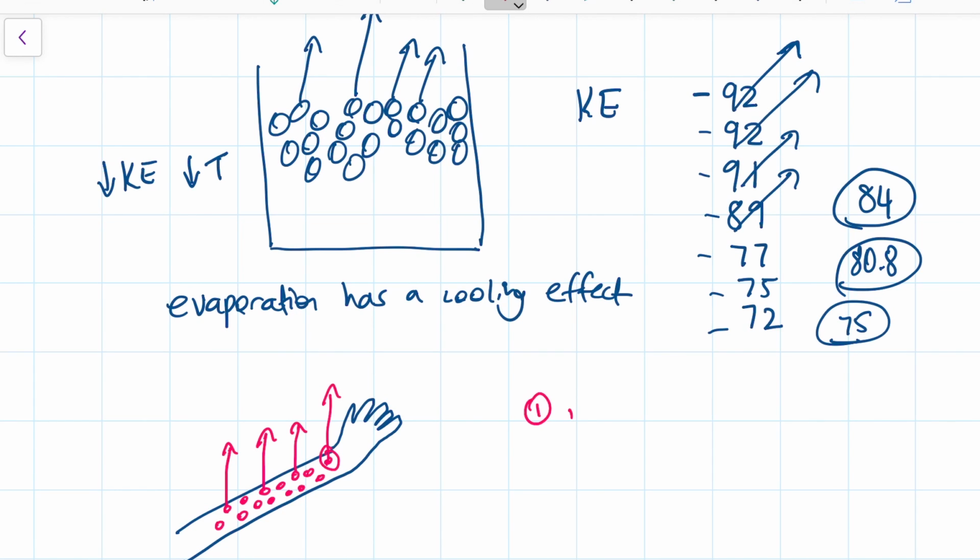You can increase the temperature, and then evaporation will happen faster. You can increase the surface area of the liquid. I don't know if any of you play tennis, but if there's puddles of water all over the tennis court, people get out a squeegee and they don't mop it up.